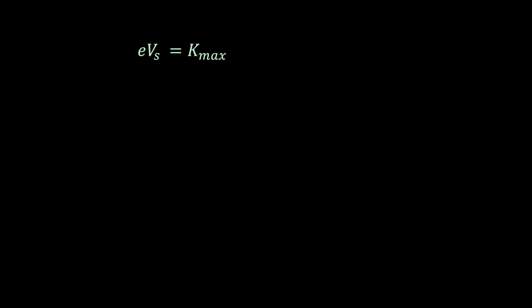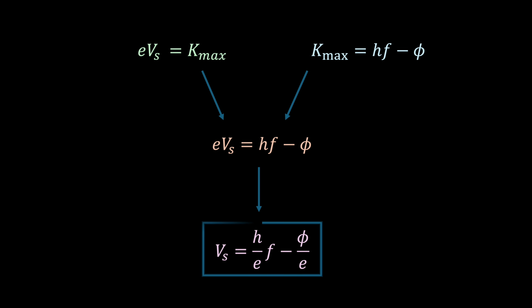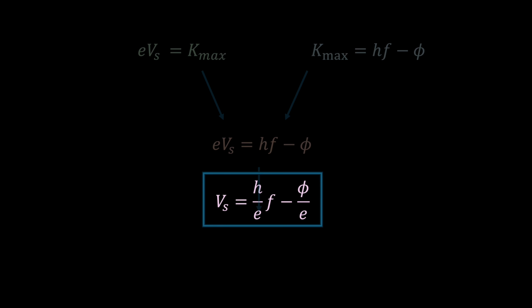If we then combine this with Einstein's photoelectric equation, we find that e times Vs is equal to hf minus phi. And then, if we divide both sides by the electric charge e, we find that Vs is equal to h over e times f minus phi over e. Now, this is a very enticing equation because it has the exact form of a linear straight line equation.